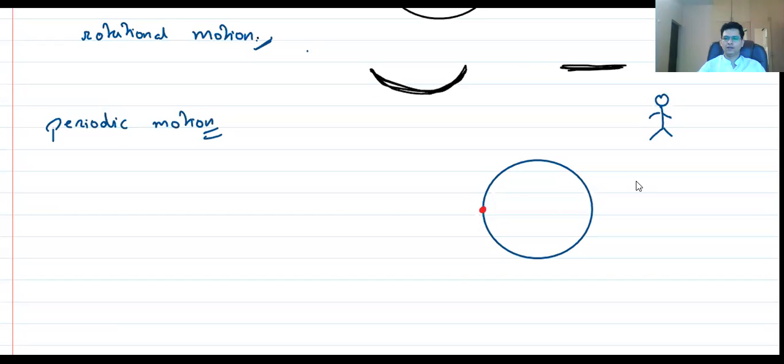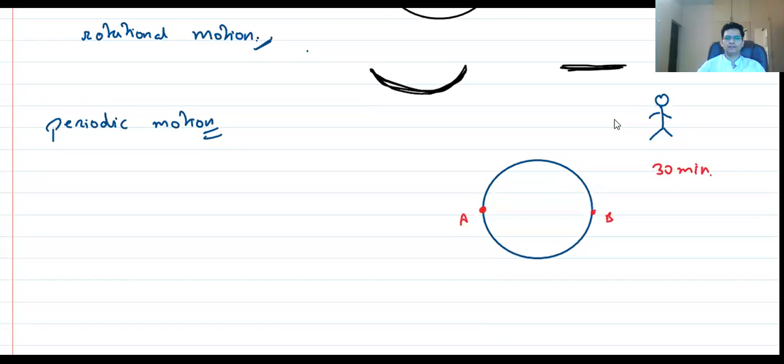This is point A, this is point B. In order to complete this, you take 30 minutes. So after 30 minutes, where will you be? Same point.